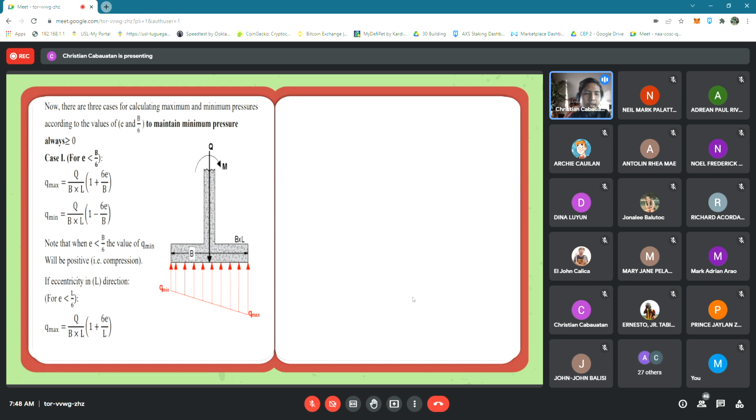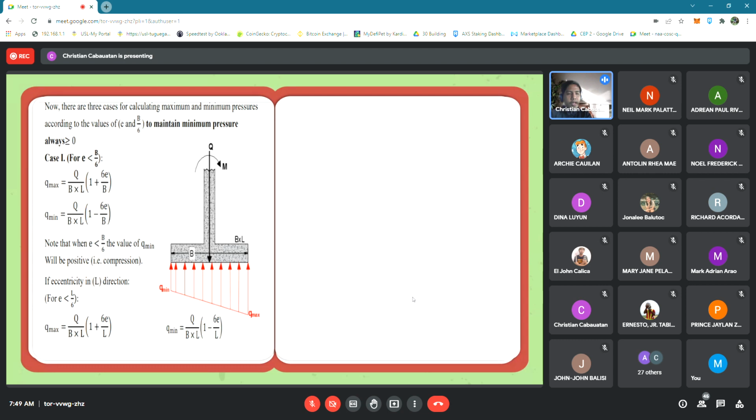Okay? If the eccentricity is in the L direction, in the axis of the L, no? Ang gagamitin natin, no? If eccentricity is less than 1 over 6 of the length, no? The Q maximum will be the same, okay? And the Q minimum is also the same. Okay?